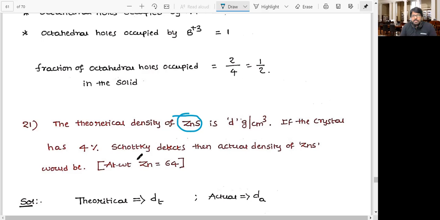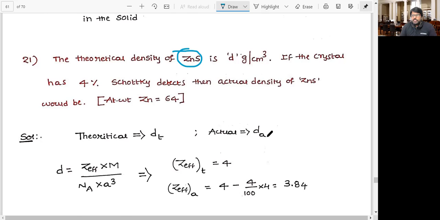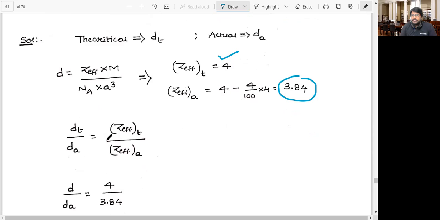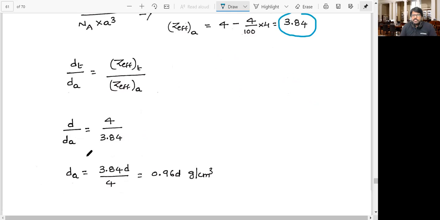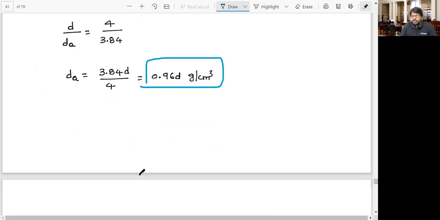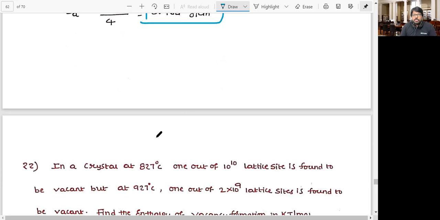And here 4% Schottky defects means what is the actual Z effective? 3.84. Theoretical is 4. Because of Schottky defect, Z effective decreases. So if you take the ratio, the actual density will be 0.96 of the theoretical density G. Density decreases due to Schottky defect.